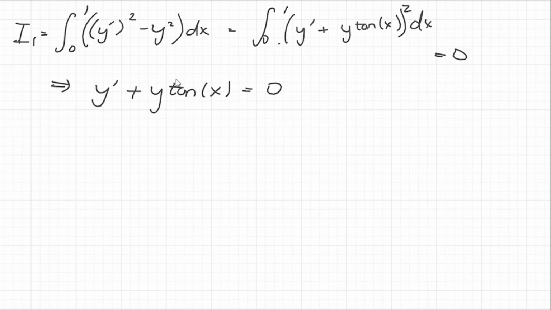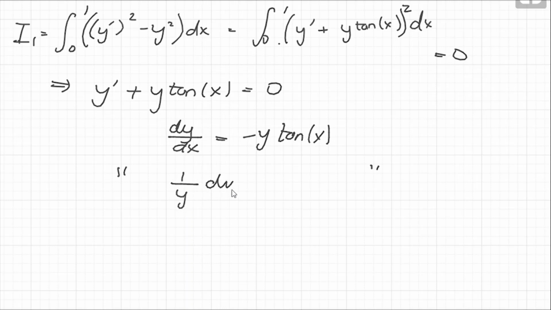Let's carry on. We have that y prime plus y tan of x equals 0. So now we're just solving a simple differential equation, and this is a really nice first order one, so we can just say that dy dx equals minus y tan of x, and then do the cheeky little trick, and I'll put this all in inverted commas, and say that, well, we have that 1 over y dy equals minus tan x dx, and then just integrate both sides.